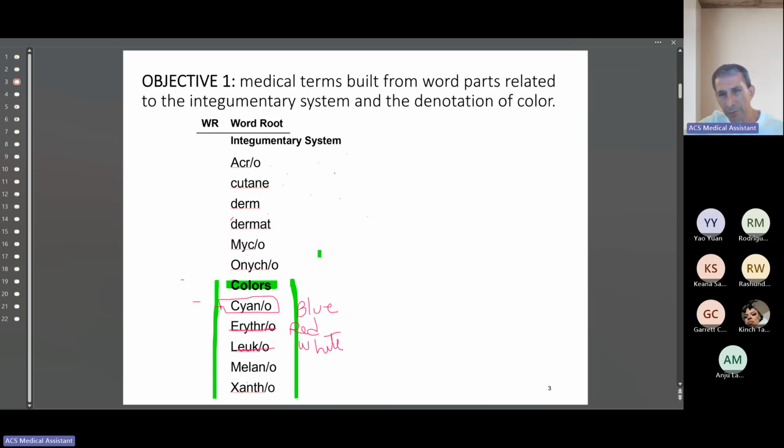Melano. Oh, probably this, you never heard about it. Melano means black or dark. Dark or black, remember. Then Xantho. Maybe you never heard about this. Is Xantho with X, not Santo.